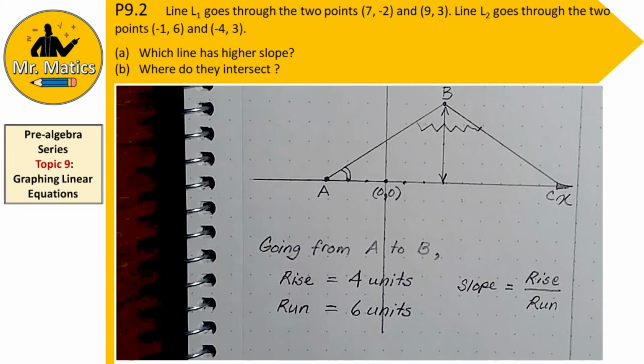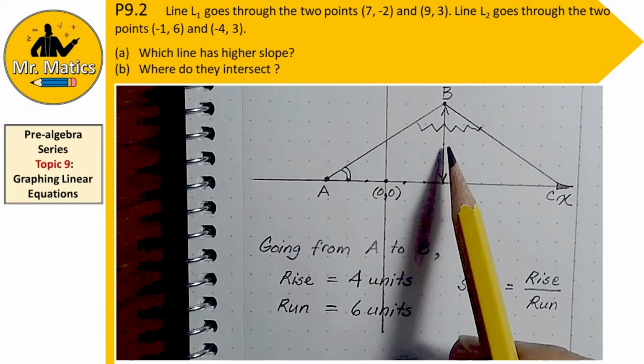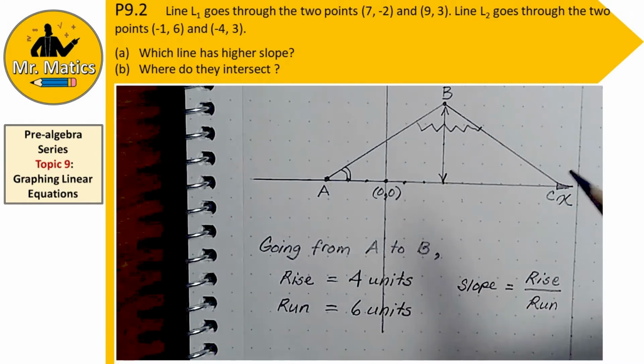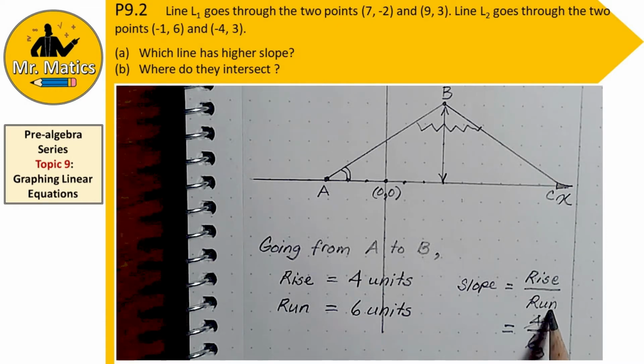Now remember that the rise is upward and run is in the positive direction. So if you are going in the positive direction and you're rising upward, then you will take the rise as positive and the run as positive. So in this case, they are 4 divided by 6. You can cancel the factor 2, or 2 over 3.